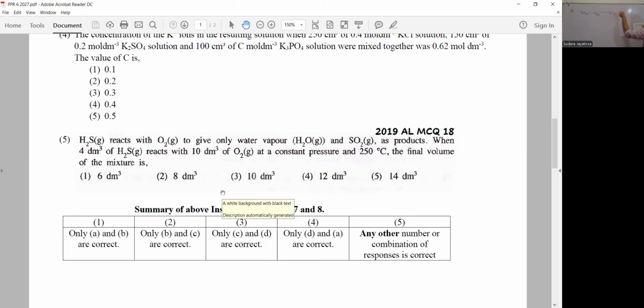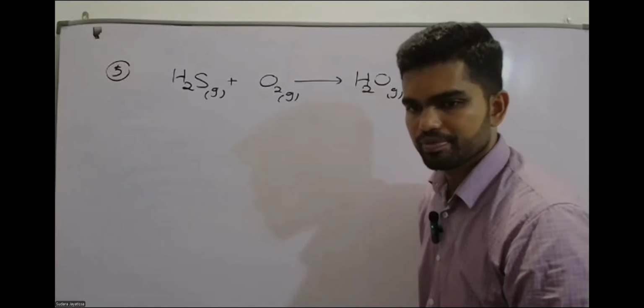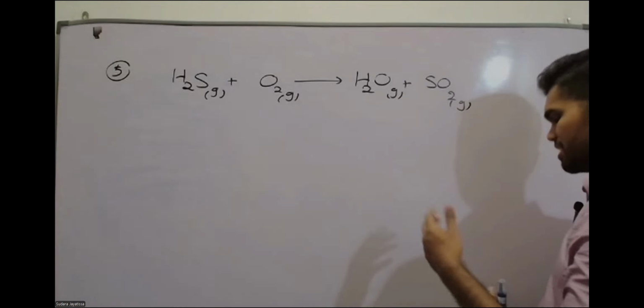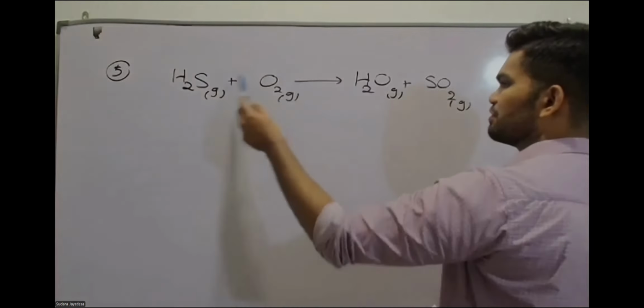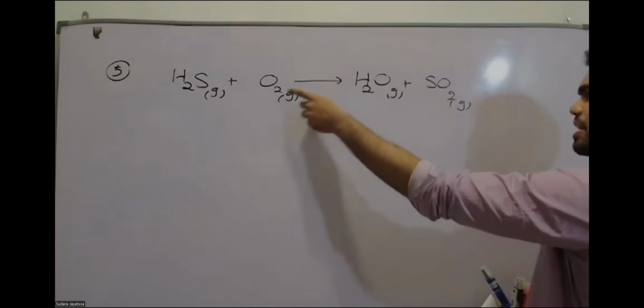First of all, we have to balance this one. This is not balanced now. And they have given some volumes of each reactant. If you balance it using the inspection method, you can see hydrogen is balanced, sulfur is okay, oxygen is the problem. Oxygen you have 3, but you have 2.